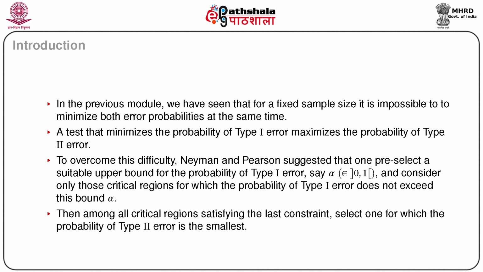Secondly, among all these critical regions, select the one for which the probability of type 2 error is the smallest. This upper bound is called the level of significance of the test.